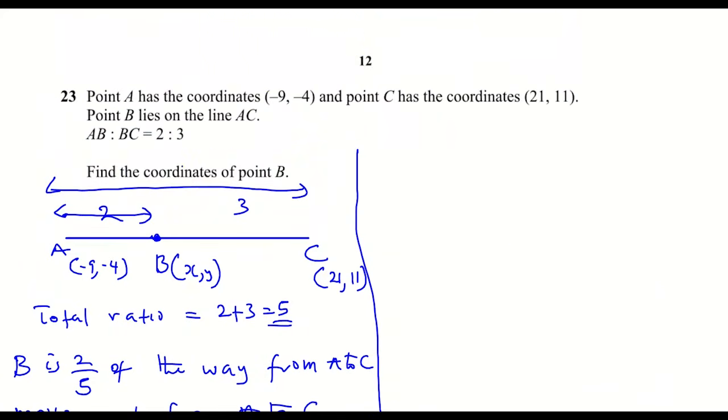If you want to use the formula method, we use a method known as the section formula. The section formula is pretty easy. I'm going to draw this again. Let me use a straight line.